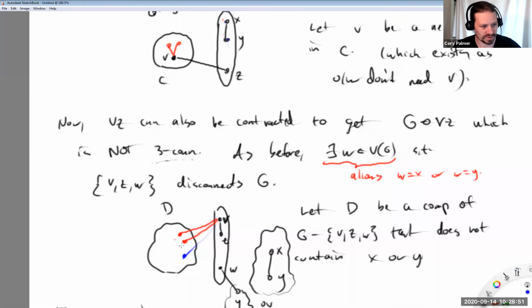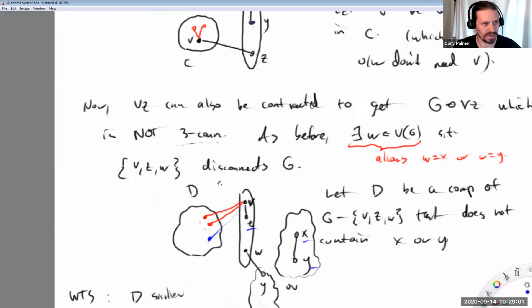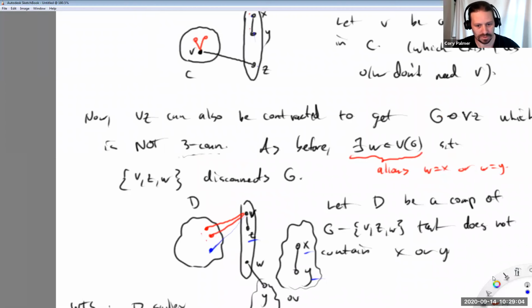But the neighbors of the neighbors of V in D don't include Z, and they don't include X, and they don't include Y. Right? And so now, what I want to say is that everything reachable in here, so from Z, everything that I can travel to, I mean, D is a connected component, is also inside of this one here. Okay, so everything inside of D is also inside of C. Okay, I'm not going to write all those details out, but if there's something in D that's not in C, I mean, I can't even state it because it's just obvious, right?